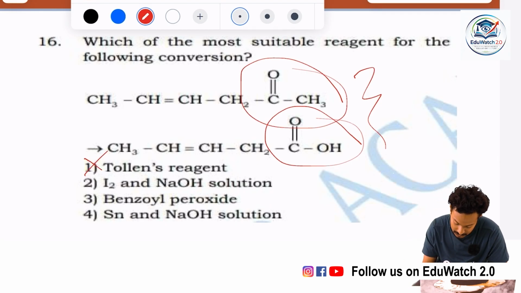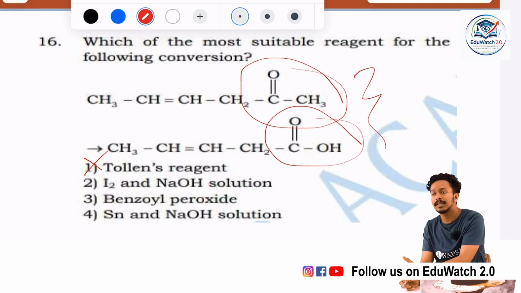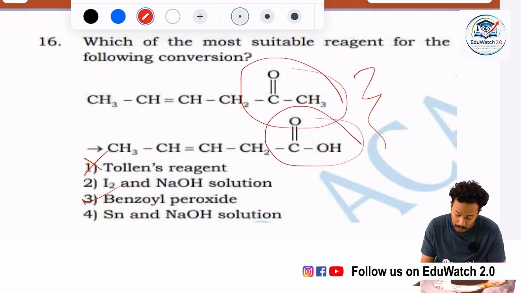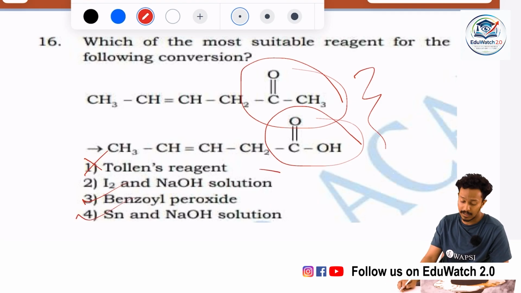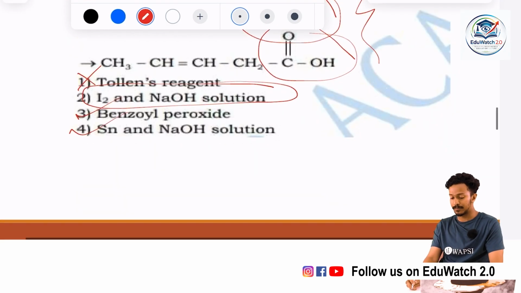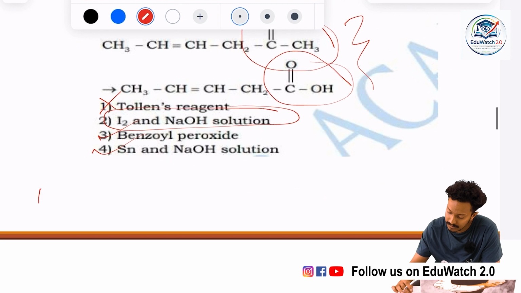So, it is not Tollens' test. Tollens' reagent is used for the silver mirror test to determine whether it is an aldehyde or a ketone. So, it is not Tollens' test, not benzoyl peroxide, not tin and sodium hydroxide. The correct option is iodine and NaOH solution, which is the iodoform reaction. The reaction is simple.